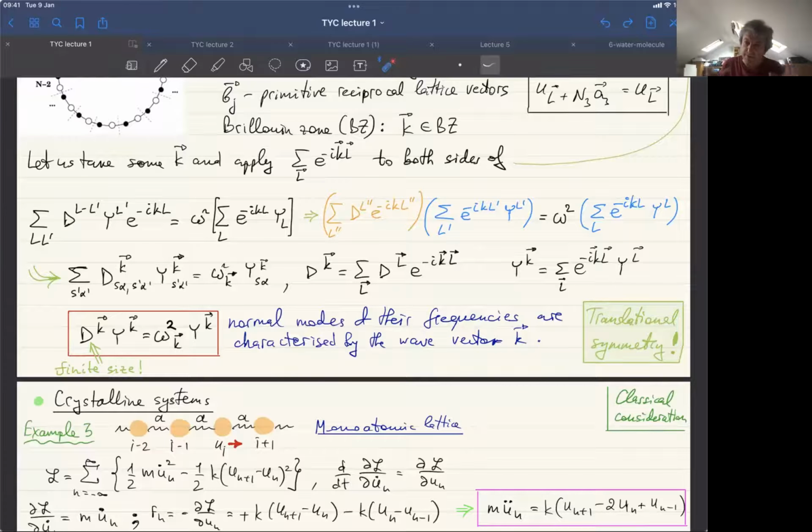So that means we basically solve the problem. This infinite sized problem can actually be solved by going into the Fourier space, from L vectors to K vectors in the reciprocal space. And this allows us to determine solutions.